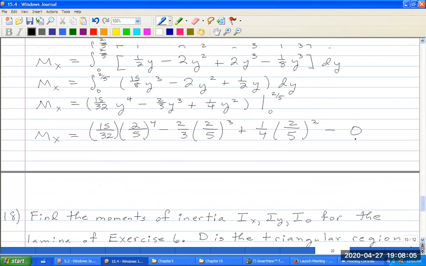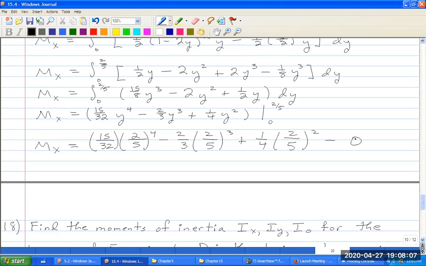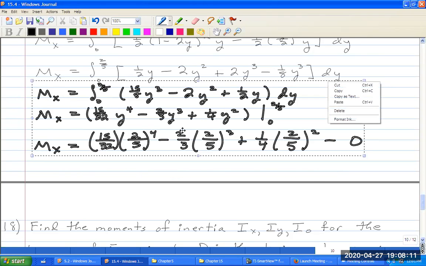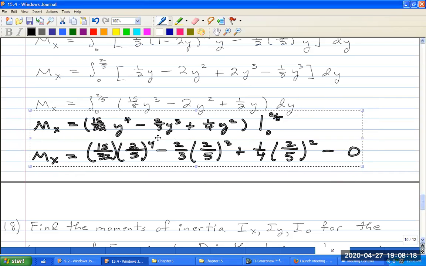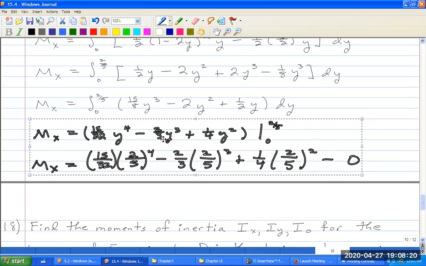Let me put this down one. It's not going to make it any shorter, but at least it'll make it easier to read.